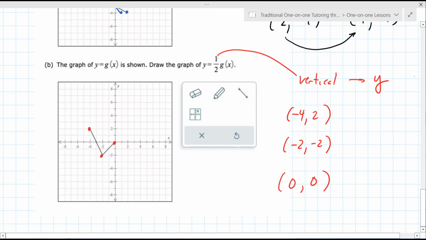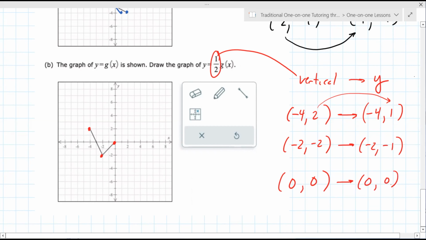You can think of it as a multiplier when it's on the outside. It just multiplies the y value. So 2 goes to 1/2. You're multiplying it by 1/2. -2 goes to -1, and then half of nothing is still nothing. Oh, okay, gotcha.